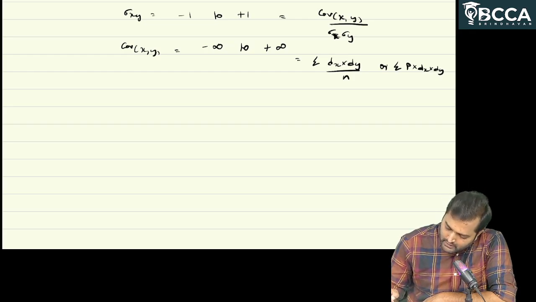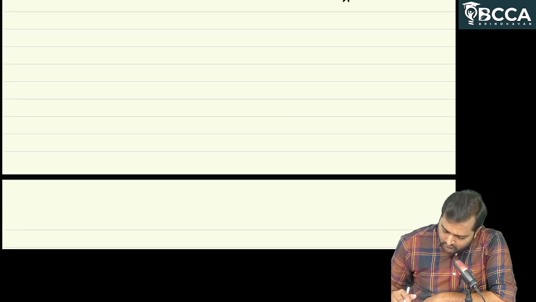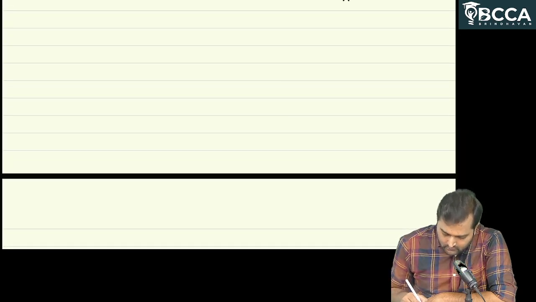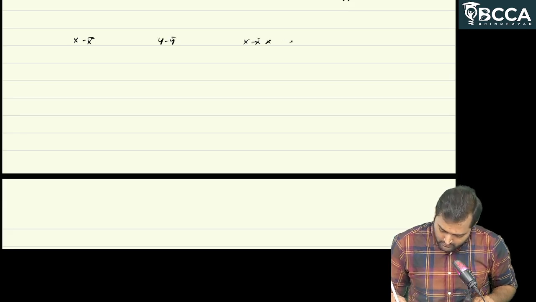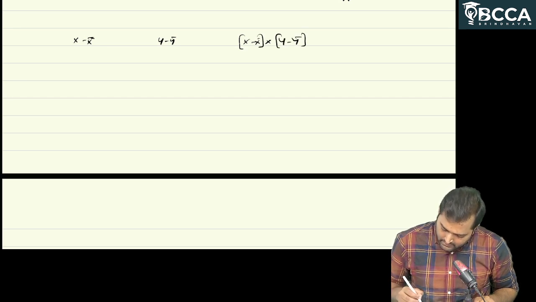So when past data is given, what are the columns to be taken? X minus x bar, y minus y bar, x minus x bar into y minus y bar. So these are the columns to be taken when past data is given.